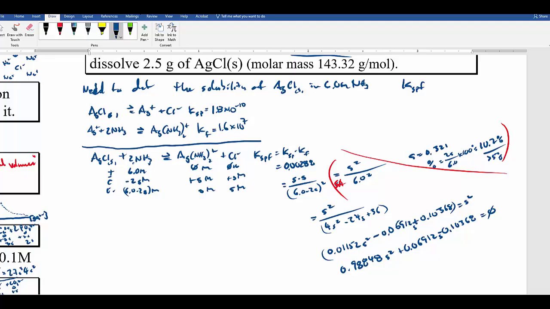And then for B, did I get that right? 0.06912. And then for C, I'm going to plug in negative 0.10368.